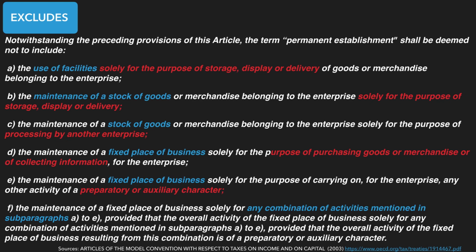This is not enough to be a permanent establishment. Now, if you carry out marketing activities, sales, and everything, that's another story. But if it's just to display your things, store them, or deliver them to the end client, this is not enough.